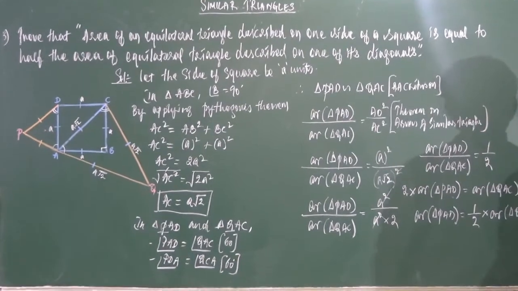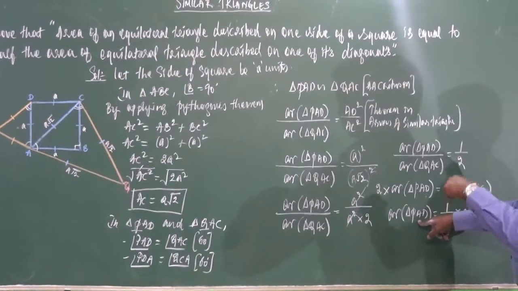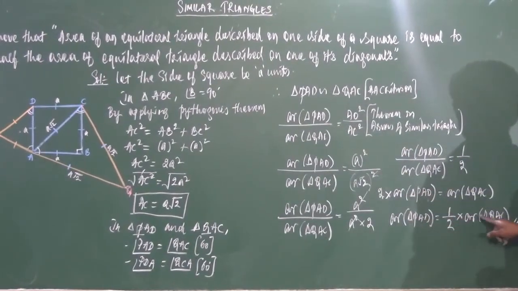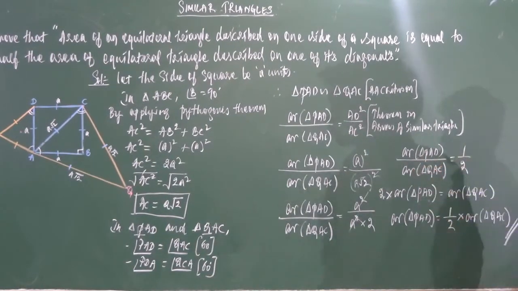So this is what we have to prove, that is the area of the triangle which is described on one side of a square is half the area of the triangle which is described on the diagonal of the square. So this is how it goes. Very important problem. You have to practice this.